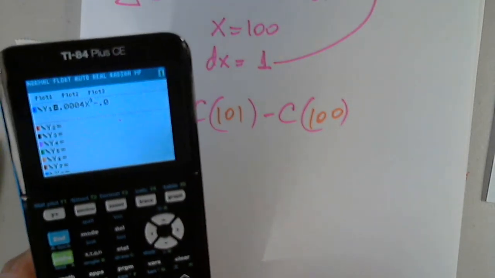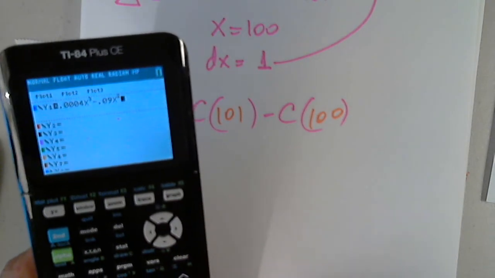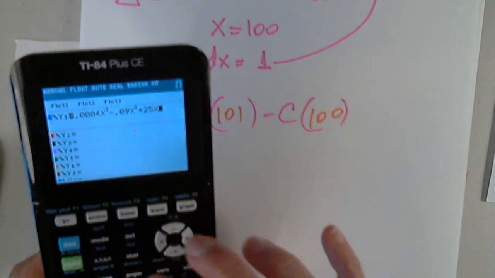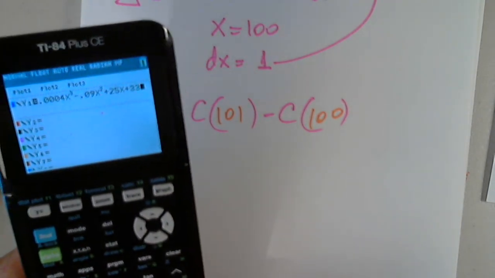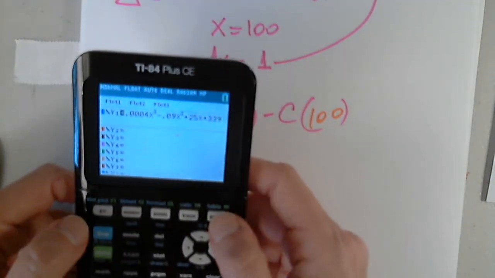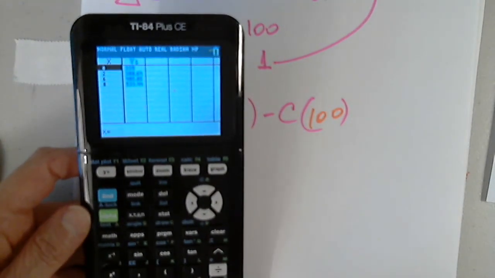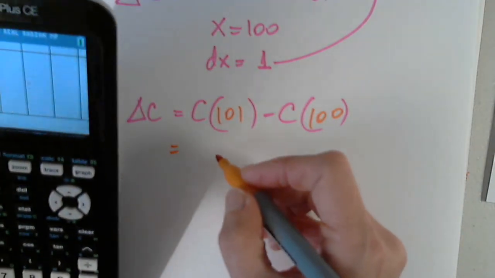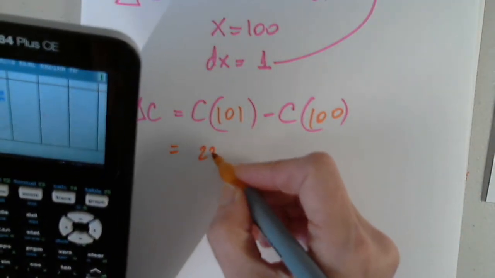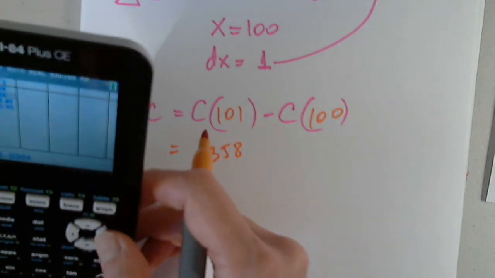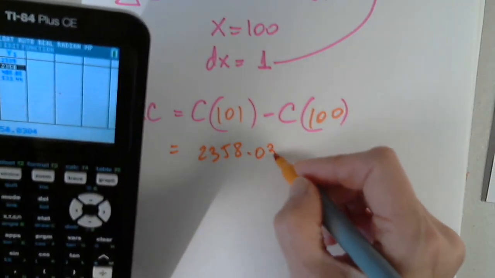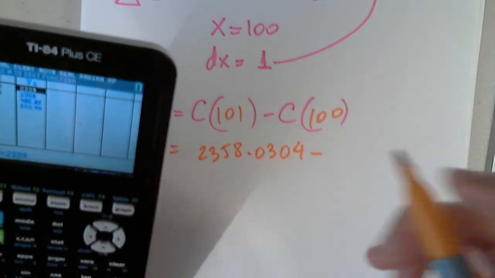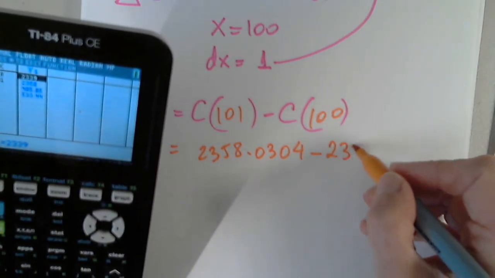Minus 0.09x squared plus 25x and plus 339. Second in table, 100, 101. So 101 was 2358.0304, that's very important, minus 2339.